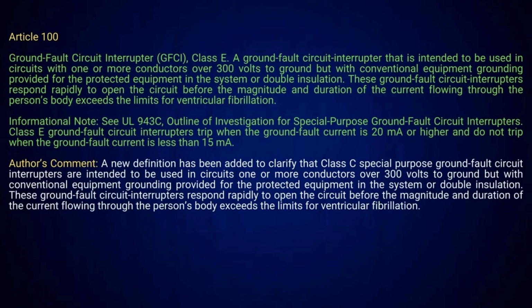And the GFCIs you use for a Class E respond rapidly to open the circuit before the magnitude or duration of the current flowing through the person's body exceeds the limits for ventricular fibrillation. So those are going to be your different special purpose GFCIs.